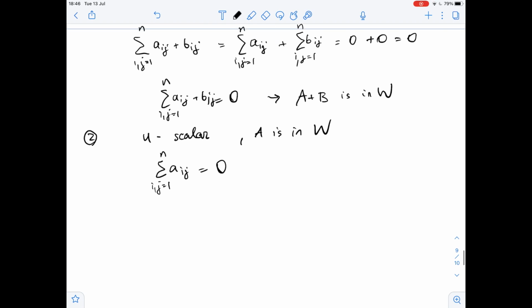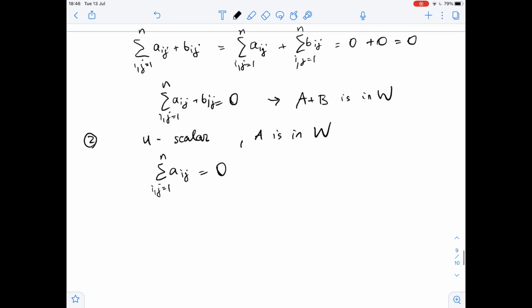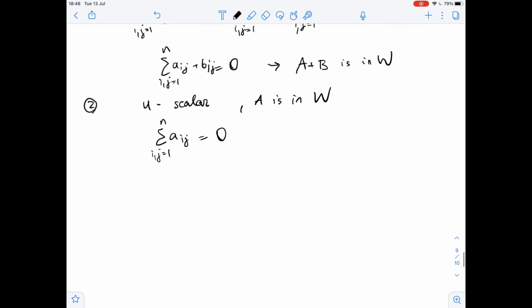So we will take the sum of all entries in UA. The sum of entries in UA is the sum of U times Aij, where again i and j go from 1 to n. Using summation properties, this equals U times the sum of Aij.